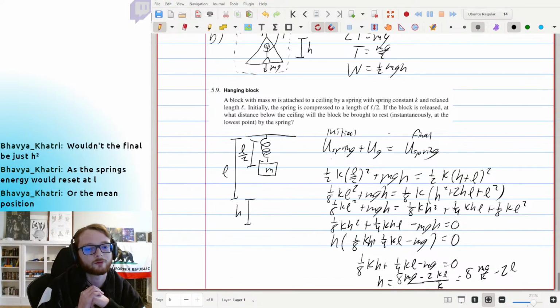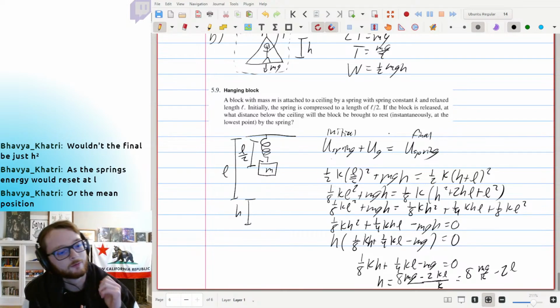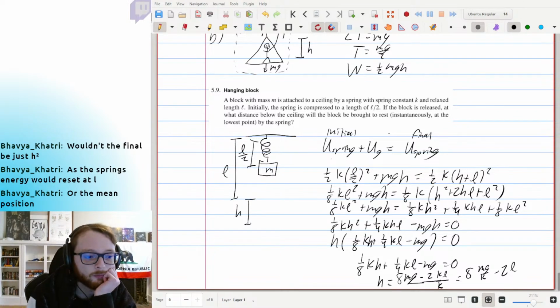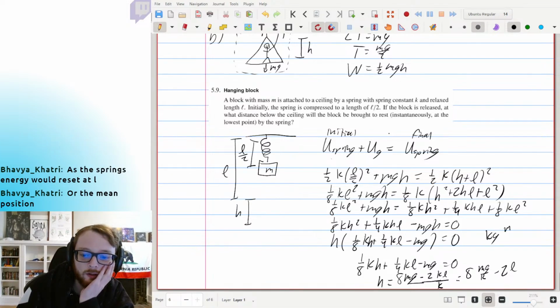Yeah, I mean, the spring's energy would be all kinetic. That's what you mean, right? That's what I think that means. What is mg over k unit-wise? Kilograms, meters per second squared over newtons per meter.